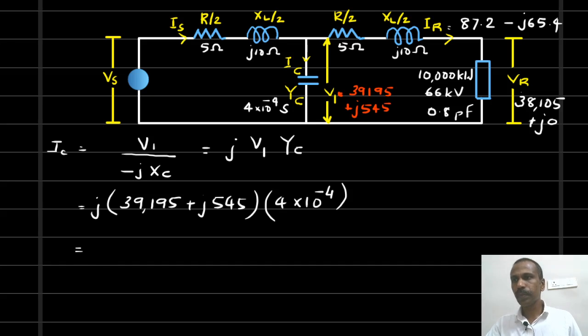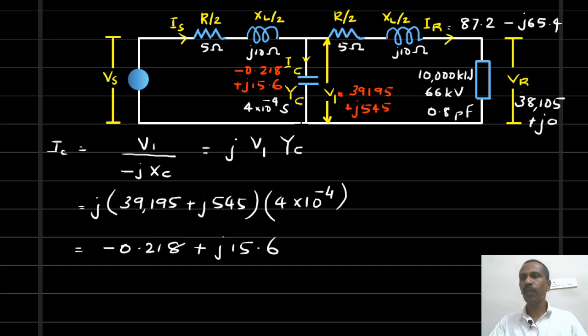So this is equal to minus 0.218 plus J15.6. So IC is equal to minus 0.218 plus J15.6 amperes, the current flowing through the capacitor.